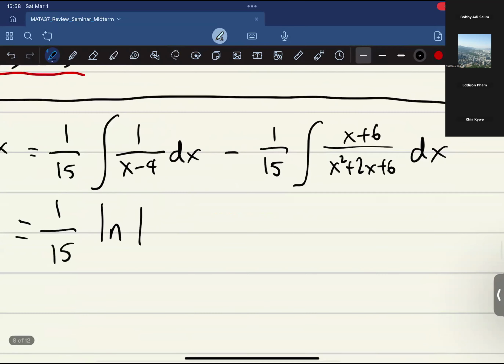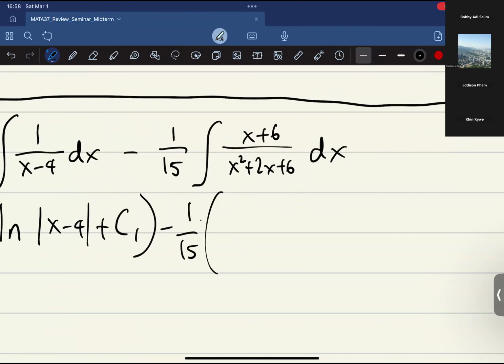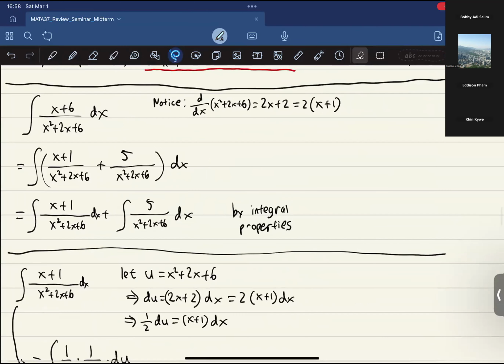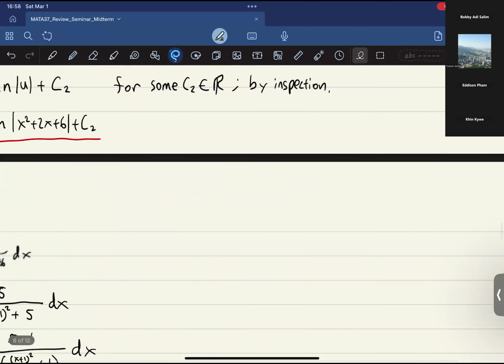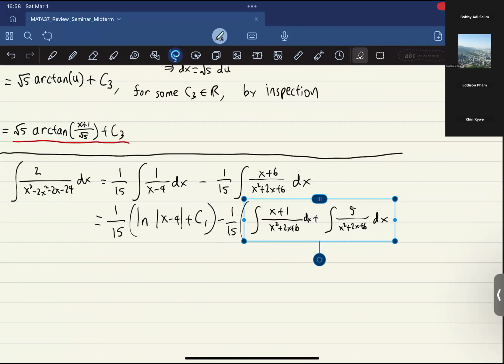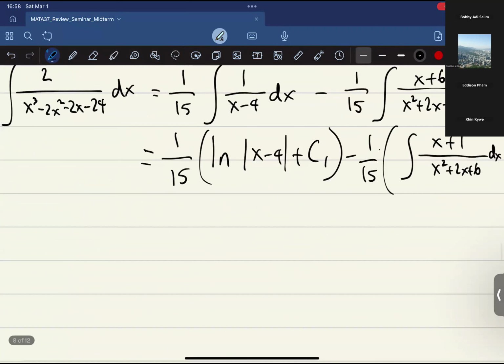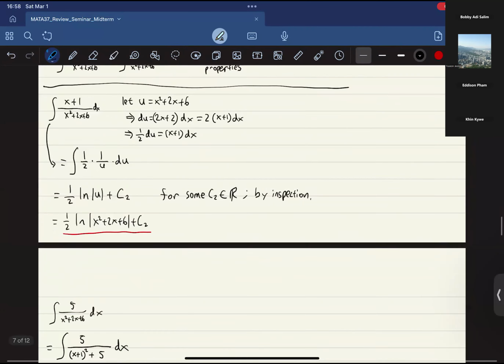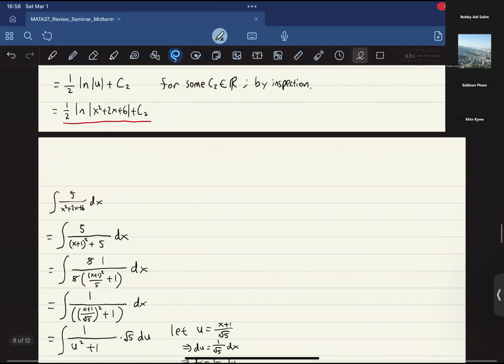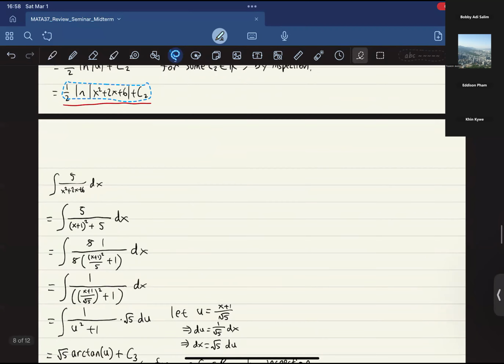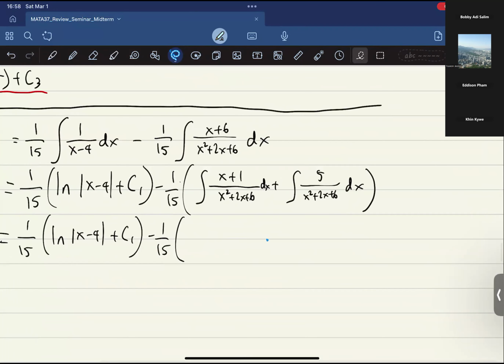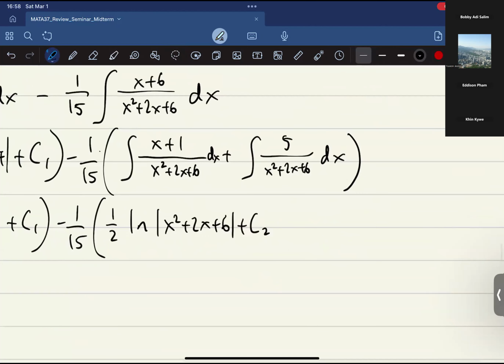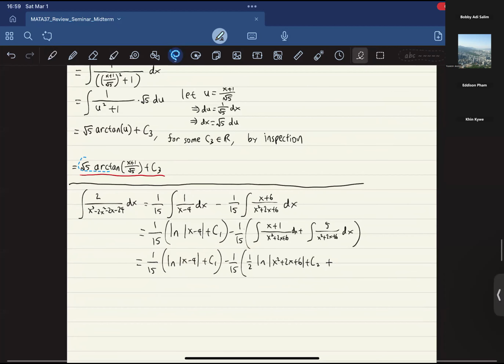So this is ln of x minus 4 plus C1 minus 1 over 15 times the split integral, and plugging the values of the sub-integrals again, we get this term right here, plus this arctan term.